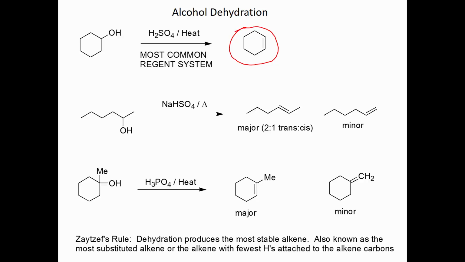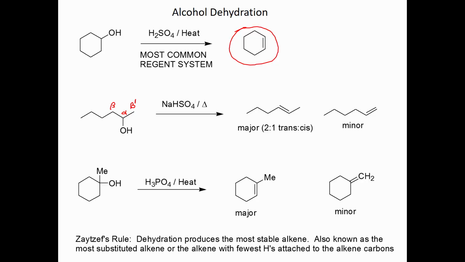Now this is a totally symmetrical compound, so there are no complications. But let's look at this non-cyclic compound here. I'm going to designate that as the alpha carbon. And if I designate beta carbons, you can see that I can designate two different carbons as being my beta carbon.